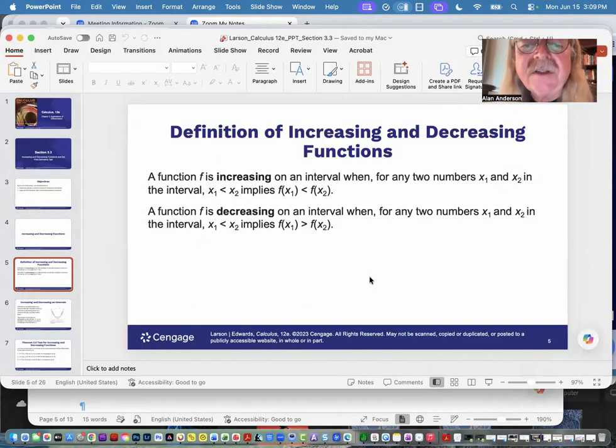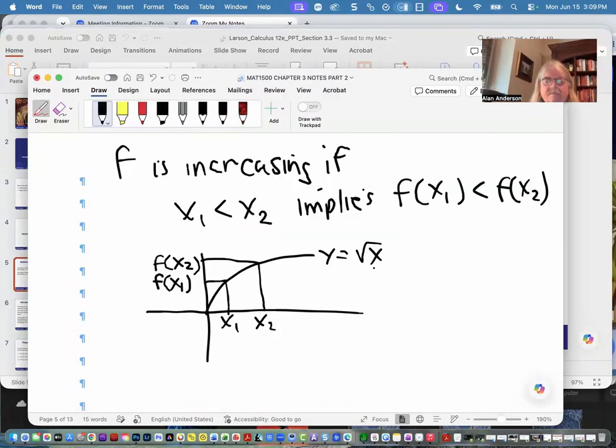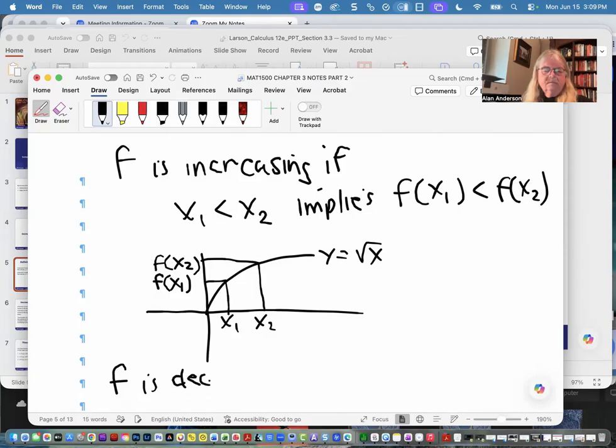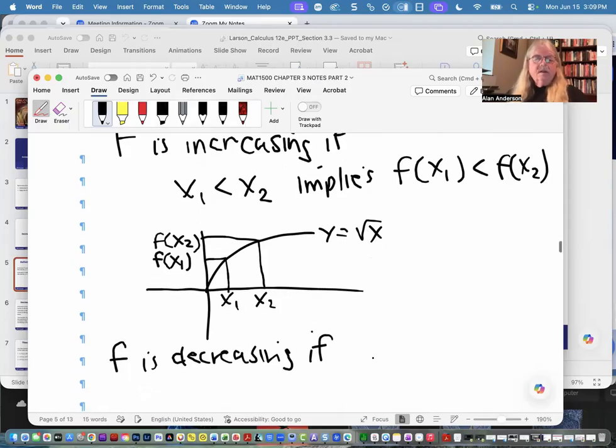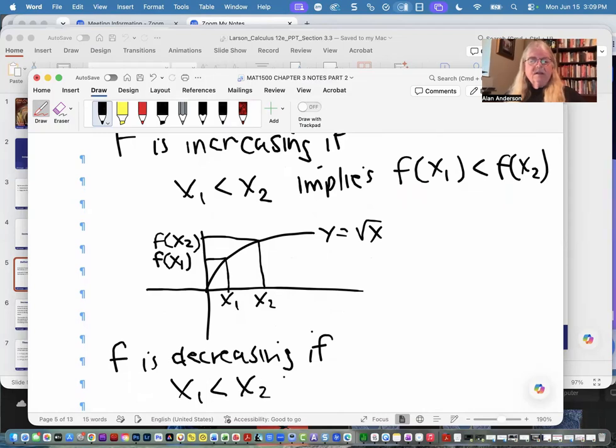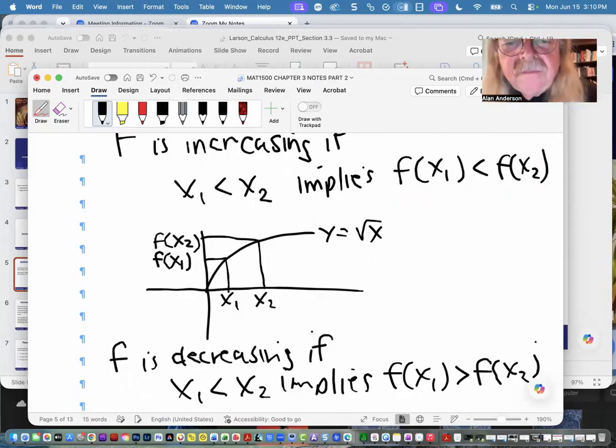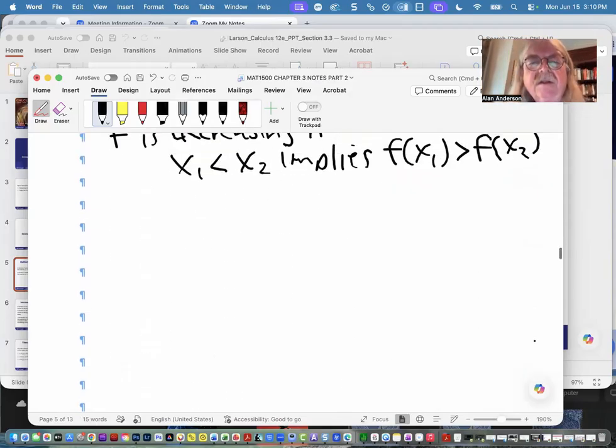Now, you can probably imagine then how you would define decreasing. If x1 is less than x2, it implies the opposite. All right, so imagine you had something like this going on.